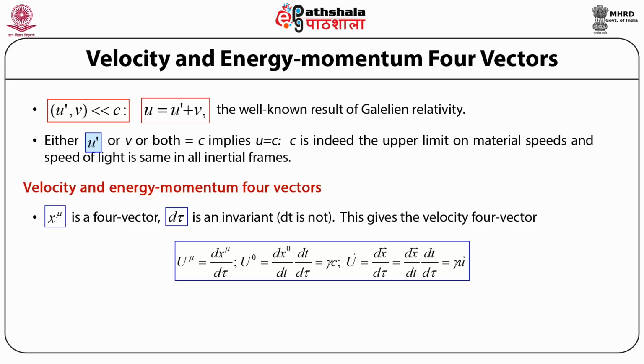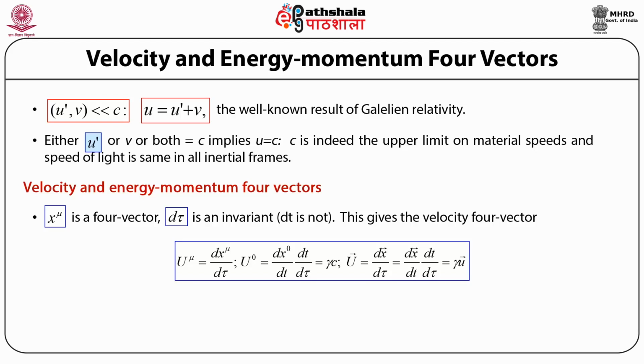So what we've done is that we have multiplied and divided the equation by dt, and using this we get the result that u superscript 0 is equal to gamma times c, where dt by d tau is equal to gamma and dx superscript 0 by dt is equal to c, because x superscript 0 is given by c times t. So the derivative of c times t with respect to time gives us the speed of light c.